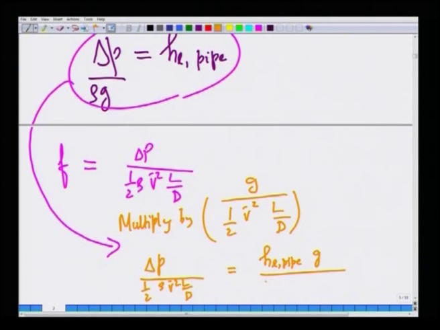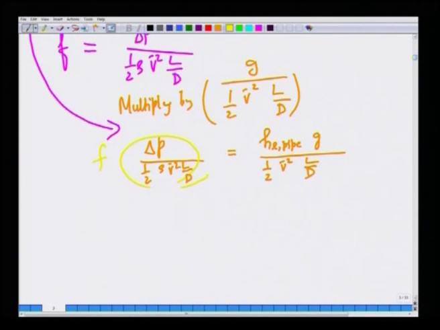On the right side, I will get HL pipe times g divided by half V squared L by D. Since this is the friction factor, the Darcy friction factor f, I can write, therefore, HL is nothing but f times half V squared L by D, divided by g. So, this is the relation between the friction factor and the head loss in a pipe.